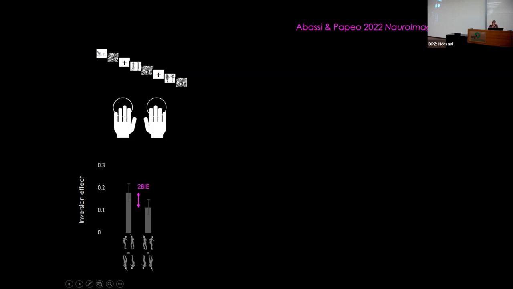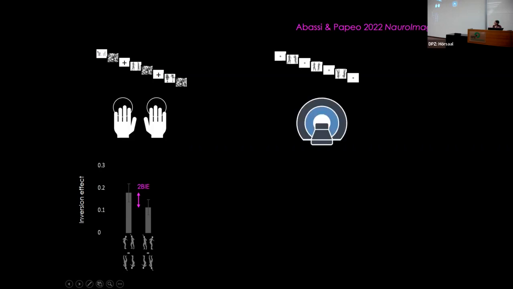Then the subjects came back to the lab for another session in which they took part in the fMRI experiment. They were lying in the scanner while we showed just images of facing and non-facing bodies, upright or inverted, without any task. We just wanted to measure the neural responses to this kind of images.